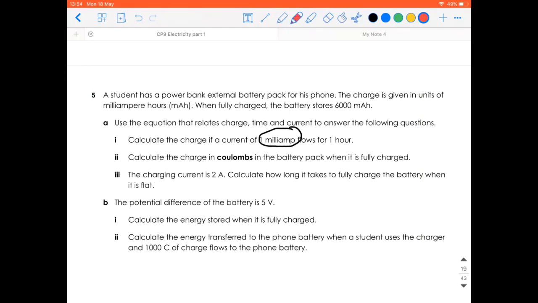A milliamp is a 1,000th of an amp, or if you're familiar with standard form, it's 1 times 10 to the minus 3 amps. So when you're asked to put in your value for milliamps for the current, you're going to write in 1,000th of an amp. 6,000 milliamp hours would be 6,000 thousandths of an amp for 1 hour, and that's what you're working out here.